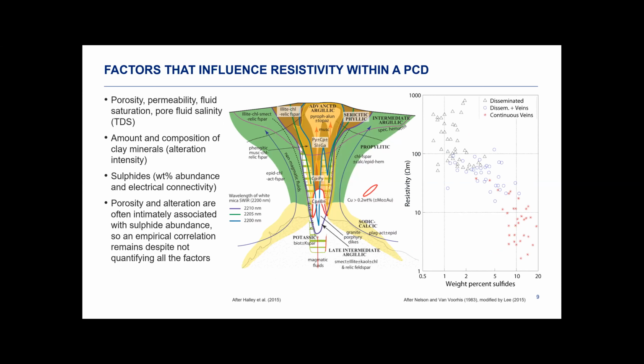So a bit more about geology, factors that influence resistivity within a porphyry copper deposit. This is a study that Nelson and Van Voorhis did in 1983. So we have basically a generalized porphyry after Halley in the middle, and the data of Nelson and Van Voorhis, which was modified by Lee in 2015, is on the right. And I think there's something like 137 individual samples in there.